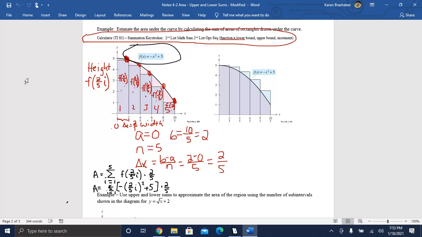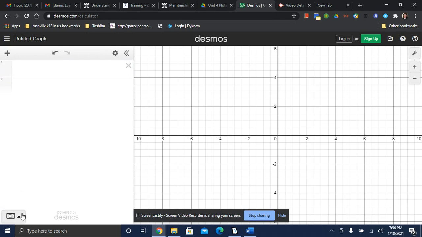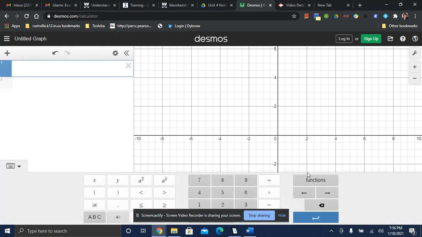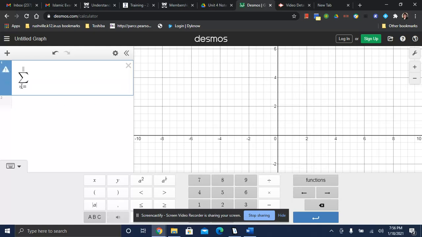All right, so I've got Desmos going, and to get the summation, you'll need to find the keyboard and go to Functions. So you're in Functions, the summation symbol. Now, it naturally comes up with n equals.